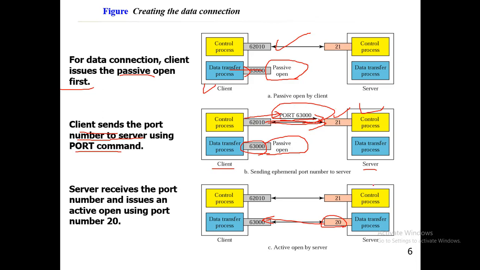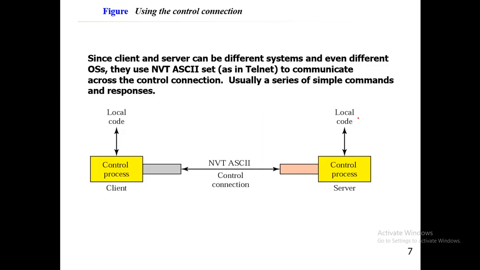After that the server will respond and start transferring the file using port number 20, and it will be responding to port number 60,000 that was sent from the client to the server. So this is the whole scenario of how FTP actually works.